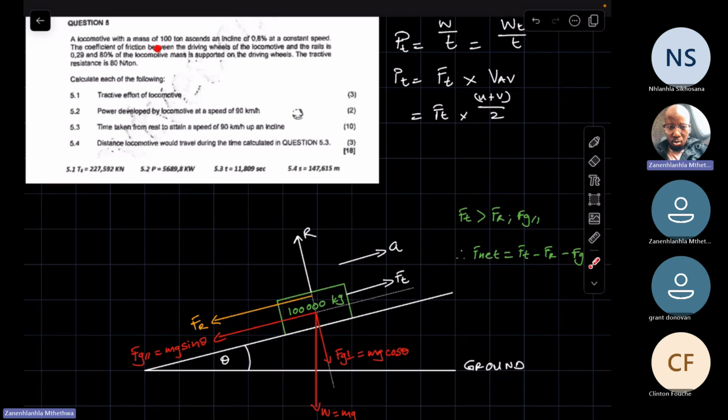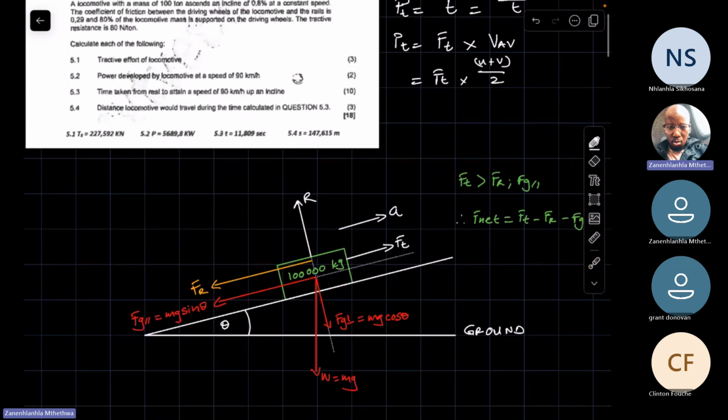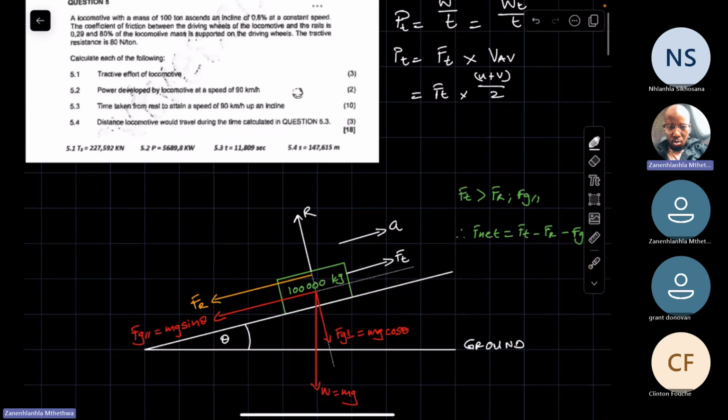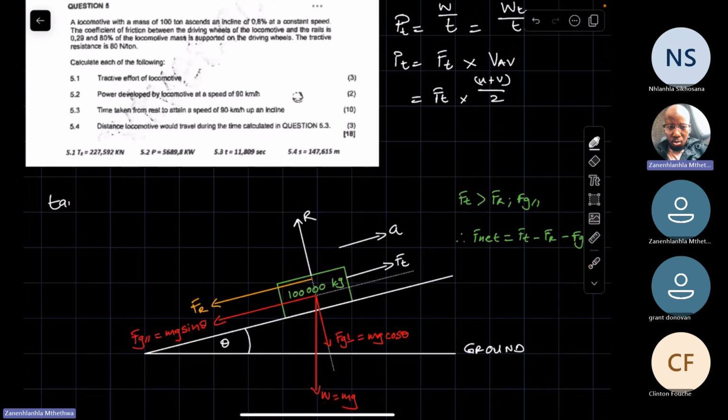They say the locomotive with a mass of this ascends an incline of 0.8%. Now, the way you get the angle of incline, if you've been given the percentage of the incline, is by simply using tan. So the tan of theta is equal to the percentage of incline, so this will be 0.8 divided by 100. Then from this, you calculate theta.